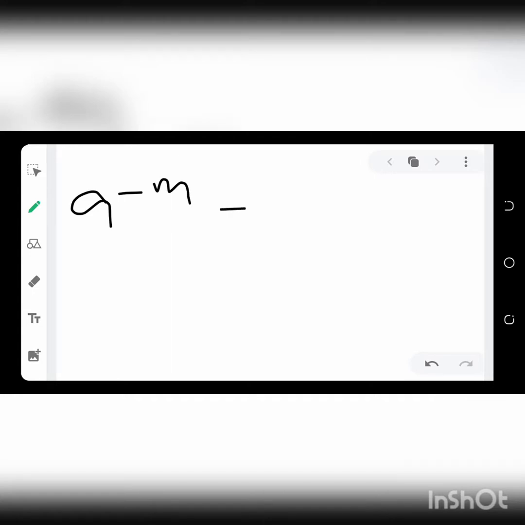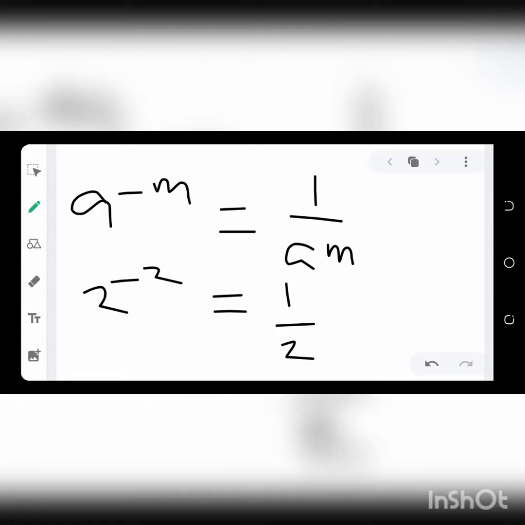It's simply equal to 1 all over a raised to the power m. Or when I have 2 raised to the power minus 2, it equals 1 all over 2 raised to the power 2, which equals 1 all over 4.